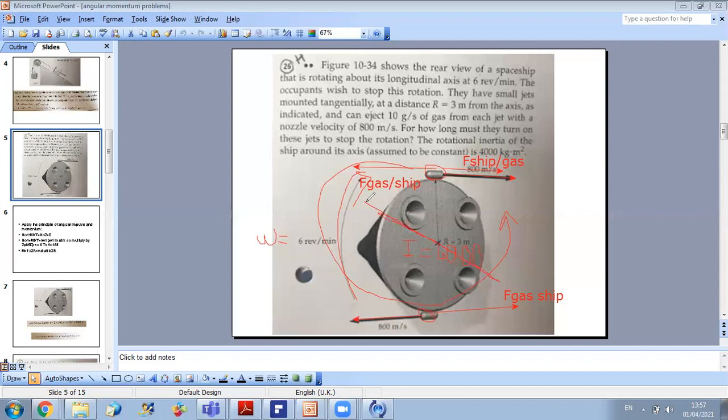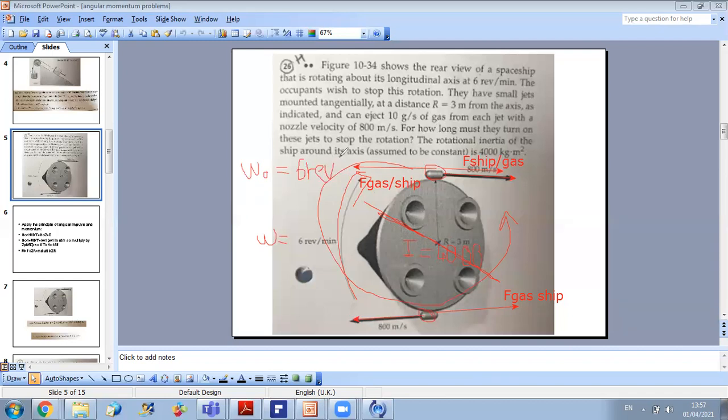The angular momentum that I am applying on my system is equal to what? Initially, you know the initial state: omega 0 is equal to 6 revolutions per minute. Right?